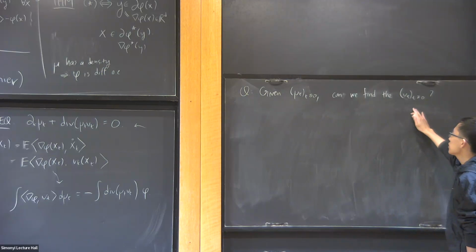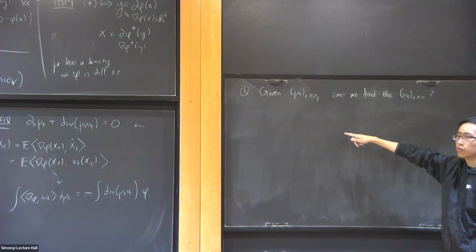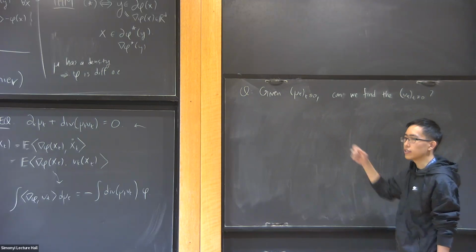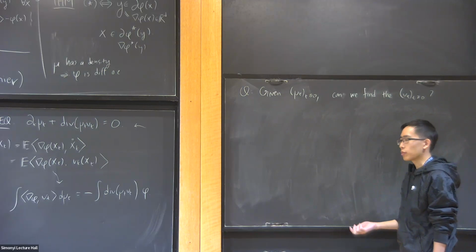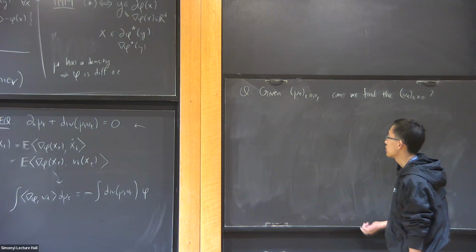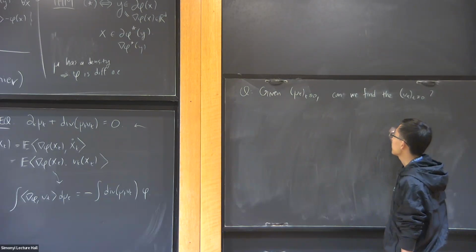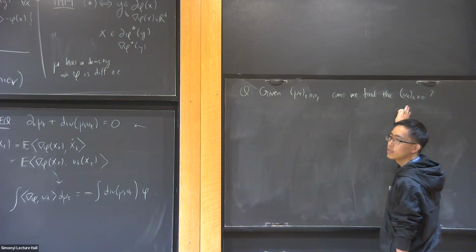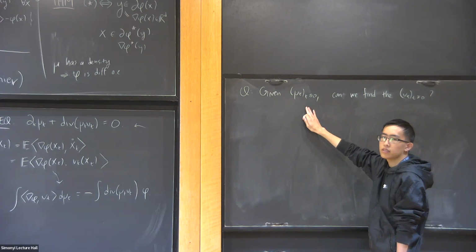So the answer to this question turns out to be yes, you can always find a Vt that will reproduce the evolution of mu t, but we have to be careful about how we do this because there's going to be non-uniqueness. There are a lot of different choices of Vt that will give rise to the same motion.